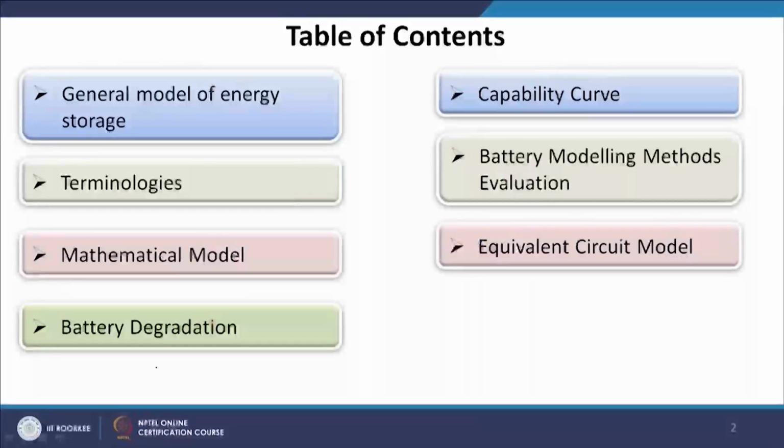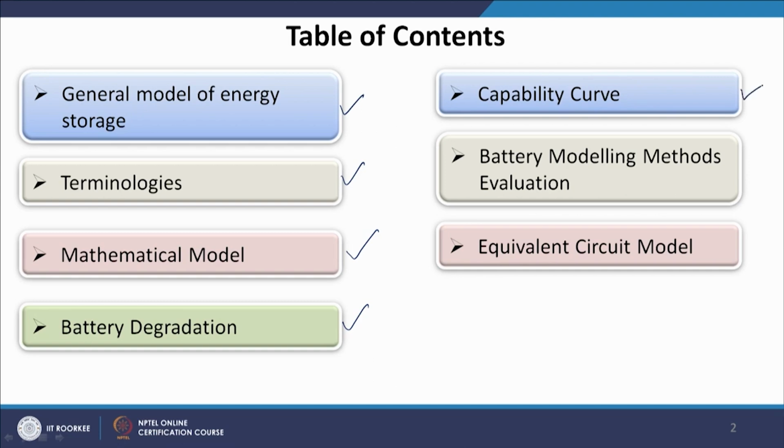So, we will use the next 30 minutes on the general model for energy storage, the modeling part. We will talk about different terminologies and how they are used, and we will also try to understand the equivalent mathematical model of batteries, and then how batteries get degraded over a period of time, and their performance does not remain the same throughout the life.